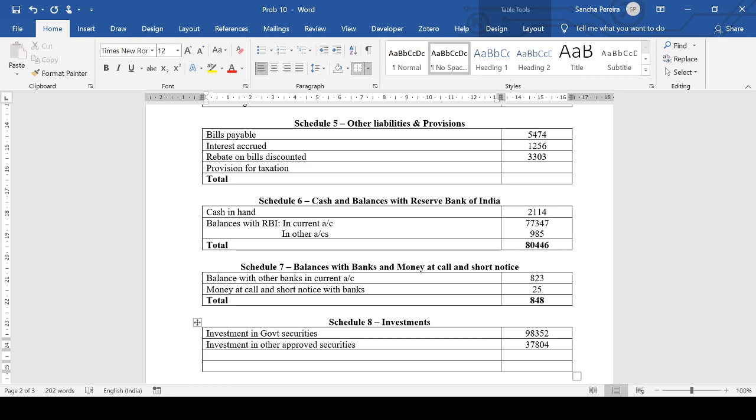Then there's also investment in shares, which is 1260. We still have another one, investments in debentures and bonds, which is 1517. So the total here is 138,933.